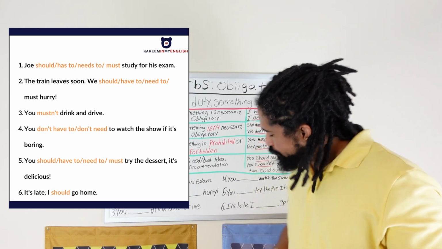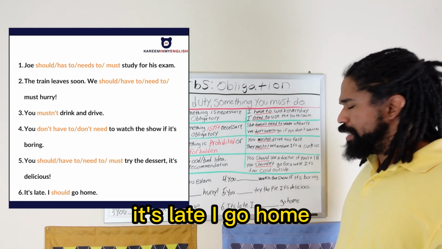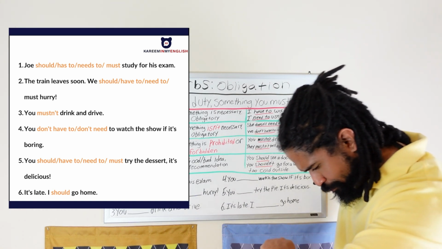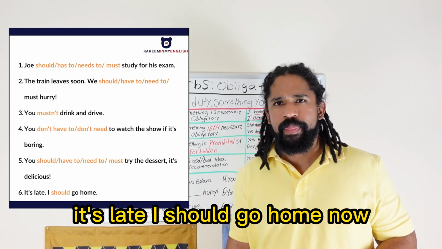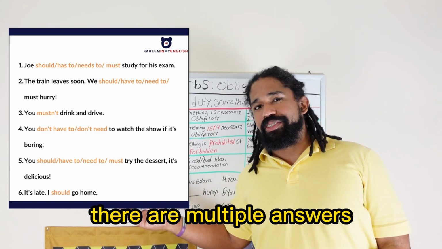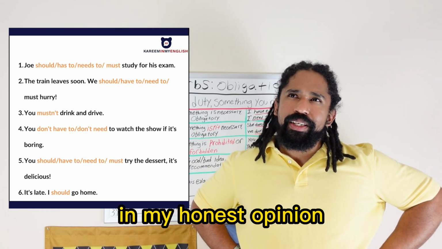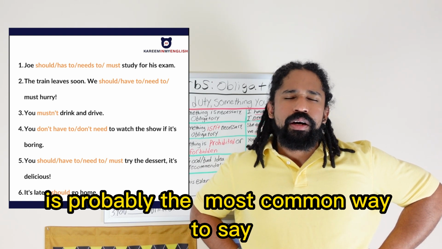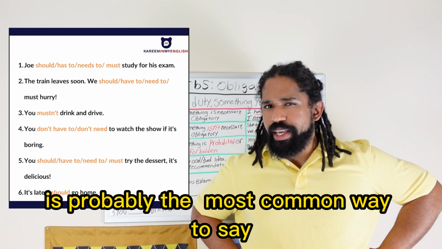And finally, it's late. I go home. It's late. I should go home. Now, again, like with every other sentence, there are multiple answers. But I think should, in my honest opinion, is probably the most common way to say, like, go home.